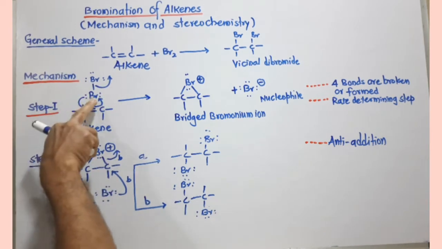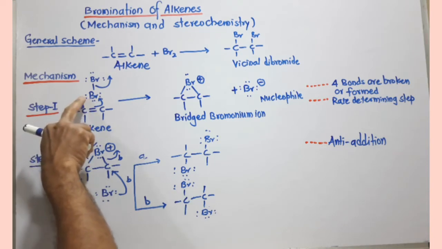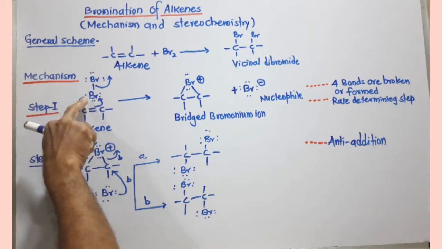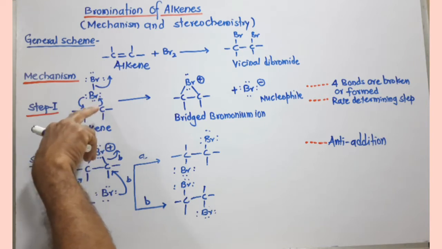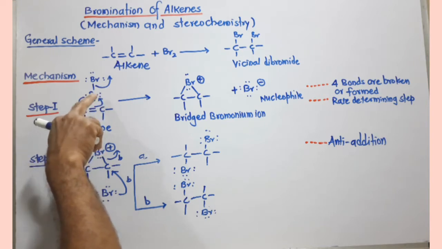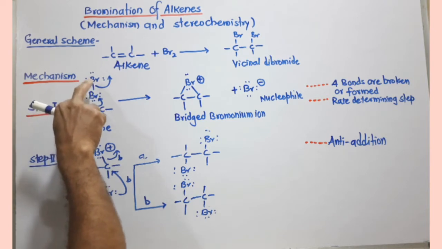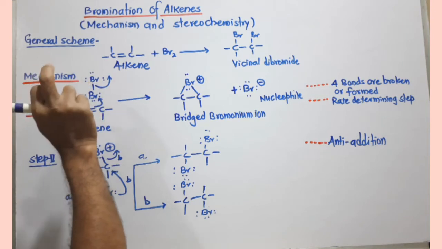Now see how Br is added over this carbon-carbon double bond. This lone pair is moving between carbon and Br to form a sigma bond, and this pi bond is moving to form a bond between Br and C. Simultaneously, this sigma bond between Br and Br is broken and becomes a lone pair of this Br.